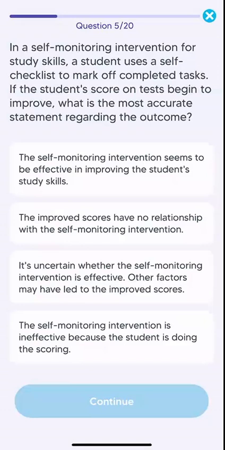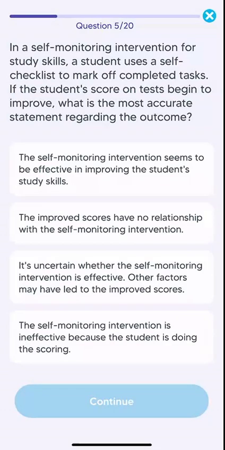The improved scores have no relationship with the self-monitoring intervention. It's uncertain whether the self-monitoring intervention is effective; other factors may have led to the improved scores. The self-monitoring intervention is ineffective because the student is doing the scoring.